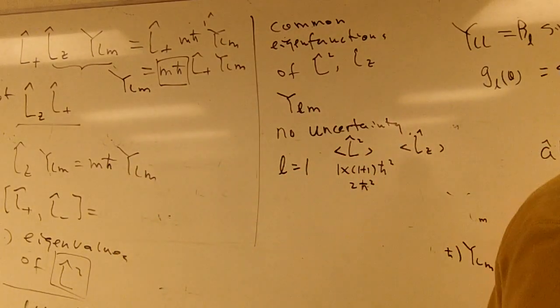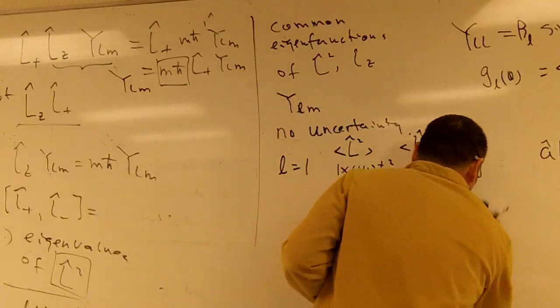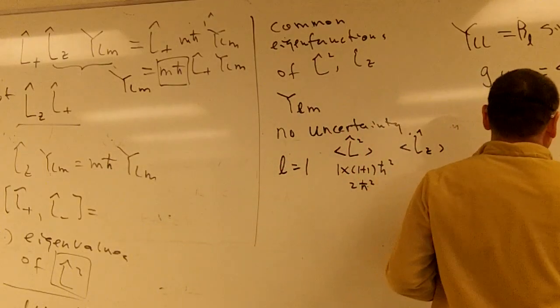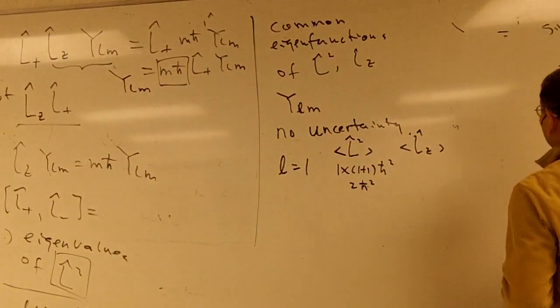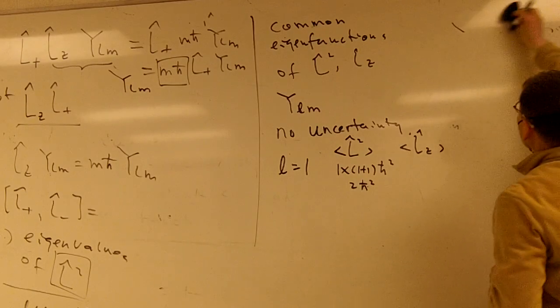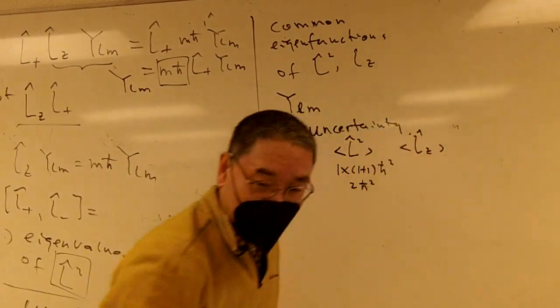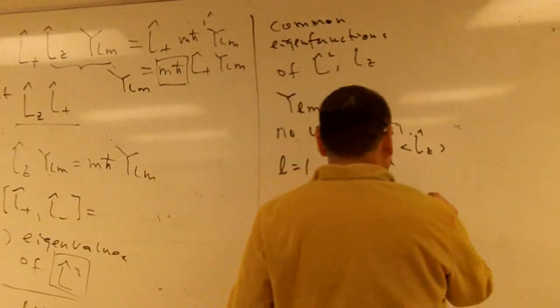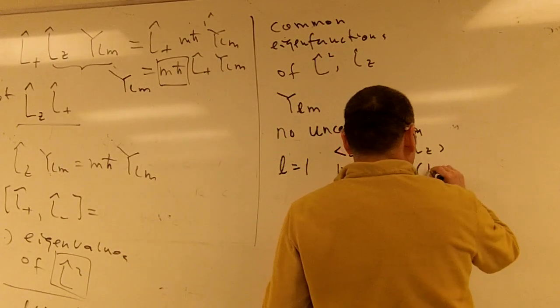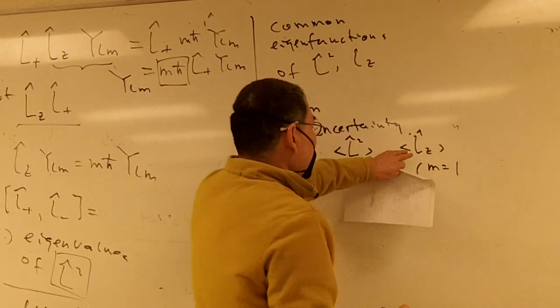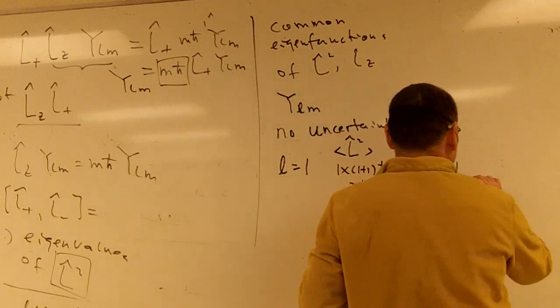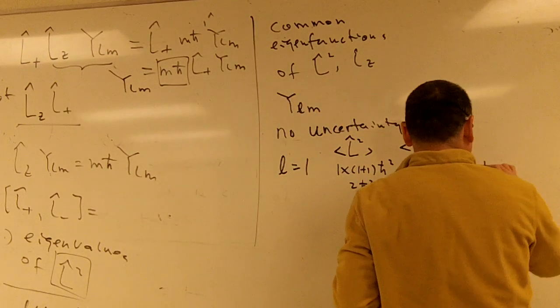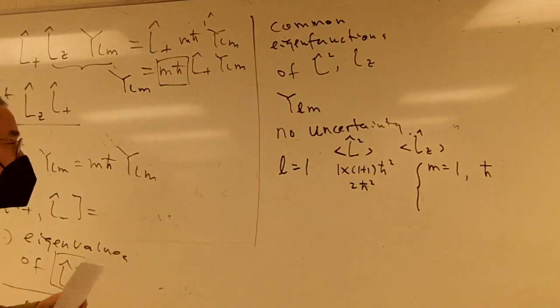Now LZ is not a single value. It has 3 different values, because M can take 3 different values. If M equals 1, then my LZ is going to be h bar itself, 1 h bar.